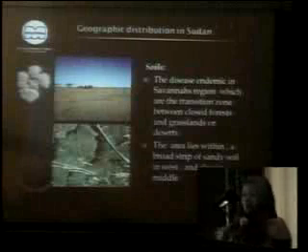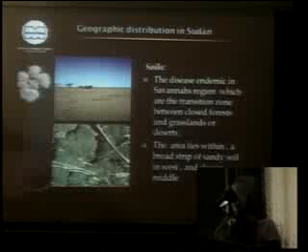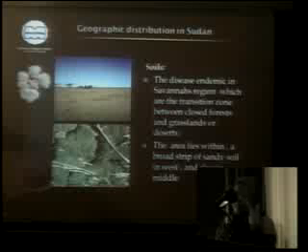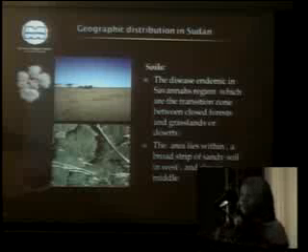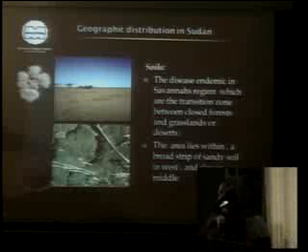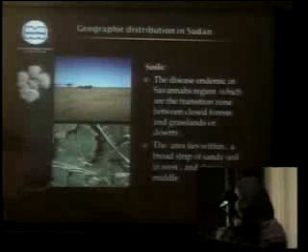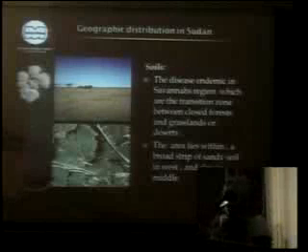The endemic or geographical distribution of mycetoma in Sudan is in the Savannah region, which is a transitional area between desert in the north and forest in the south. This area is characterized by sandy soil in the west of the Sudan, where the area of actinomycetoma is, and clay soils in the middle of the Sudan, where the area of eumycetoma is.